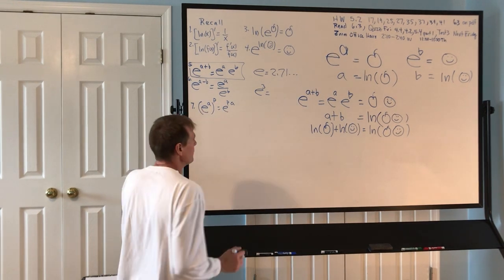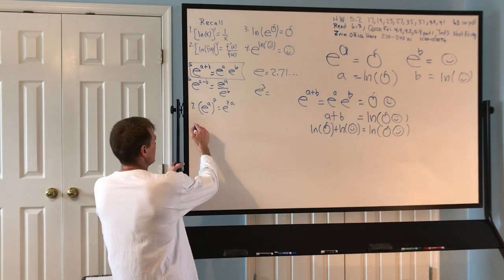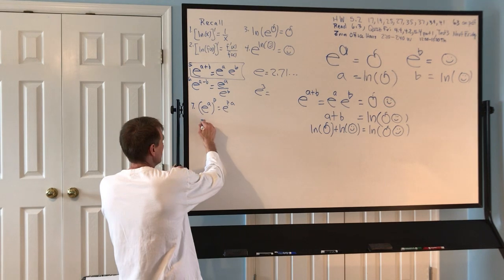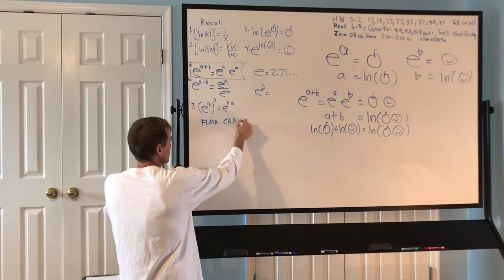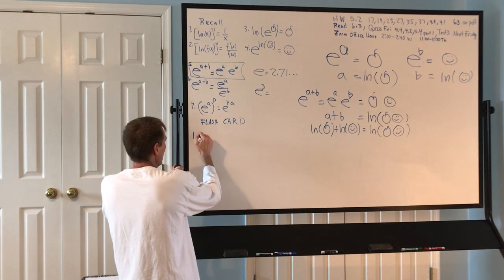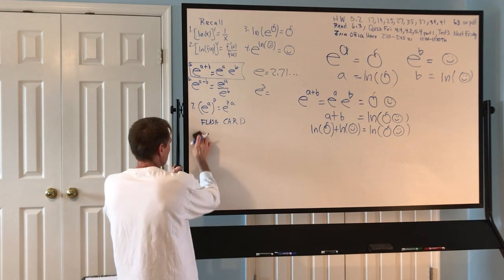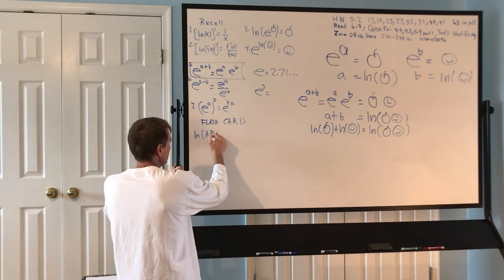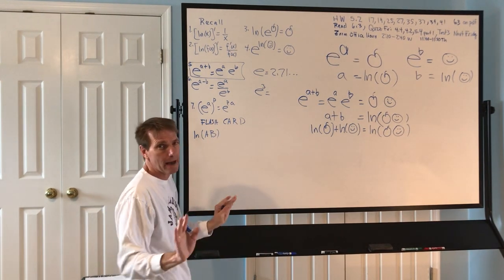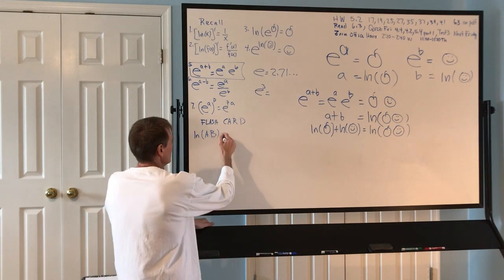So this is one of my properties of my natural log functions, and this would be a flashcard. The natural log of capital A times B, I'm not putting apples in your notes, is equal to what?